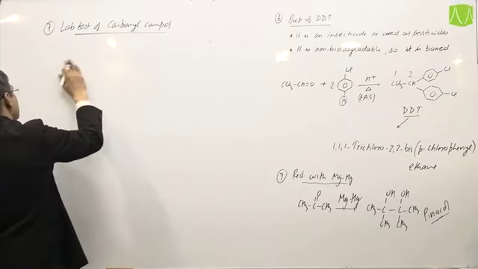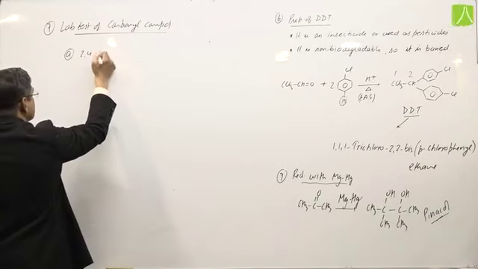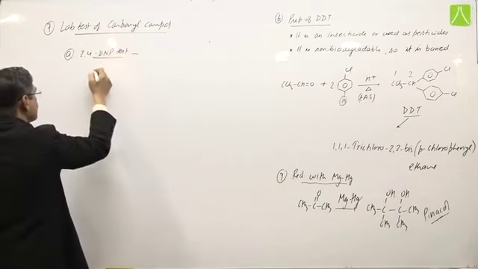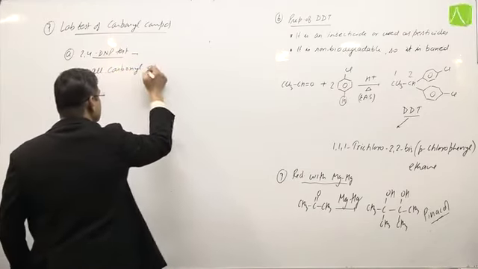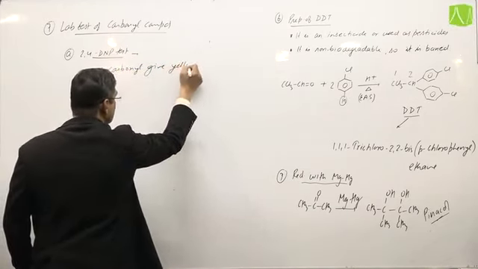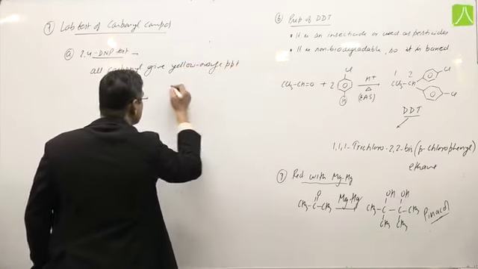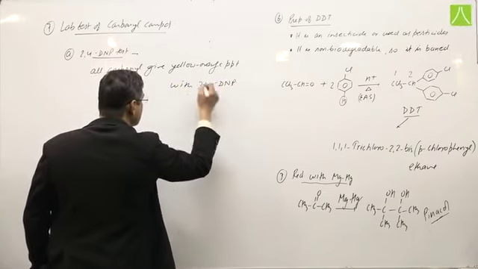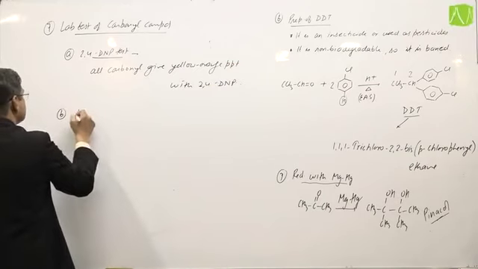So all the carbonyl compounds give 2,4-DNP test. All carbonyl compounds give yellow, orange precipitate with 2,4-DNP. The next test is Tollens test.